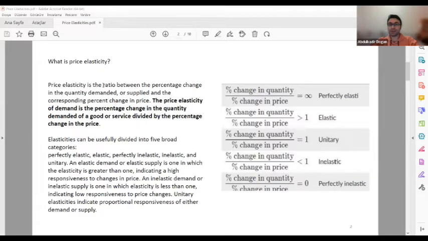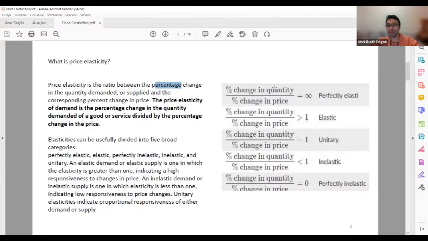The price elasticity is the ratio between the percentage change. This word is important, okay? Please try to understand this. Look at the formula again. Percentage change in quantity demanded divided by the percentage change in price. So in the numerator, you will have percentage change of Q over percentage change of price.